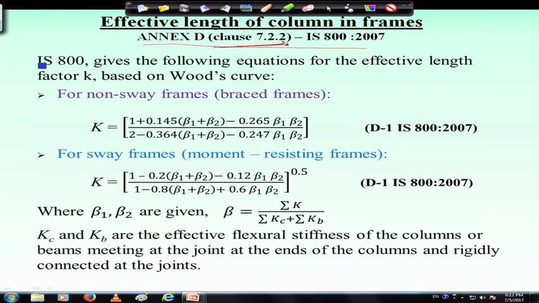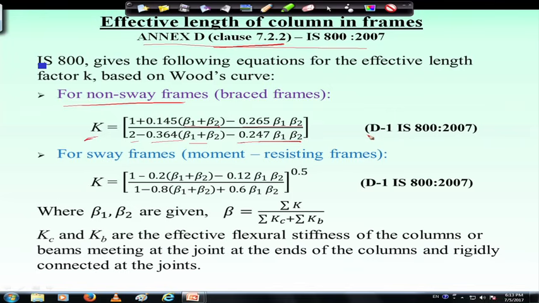In Annexure D, for a non-sway frame, the K value is given as 1 plus 0.145 (beta 1 plus beta 2) minus 0.265 beta 1 beta 2, divided by 2 minus 0.364 (beta 1 plus beta 2) minus 0.247 beta 1 beta 2.